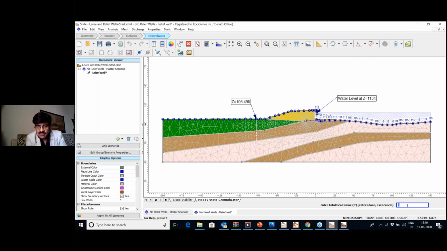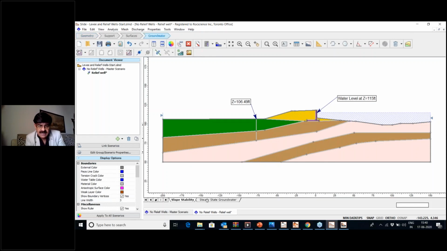It's asking for the total head here at the right bottom, and 106.49. So that value has been given there, and you can see those values mentioned there. So with this relief well, let's carry out the analysis once again, and let me just check. It's okay. Yes.